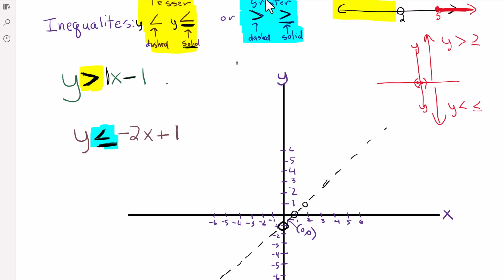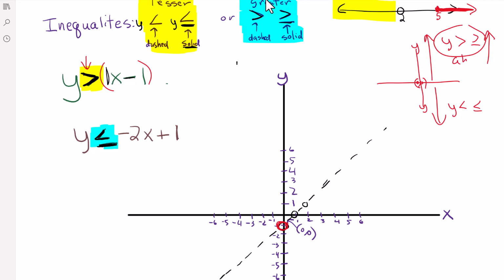Okay, now look at what the shading says. All the y values are greater than this expression. So we're going to look right here on the y-axis, and where did we say the y's get bigger? Above.